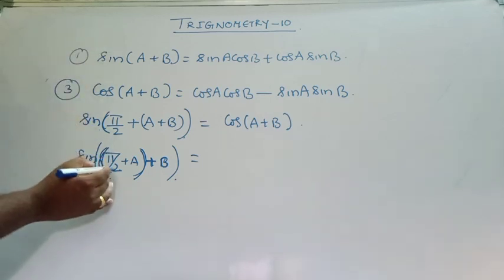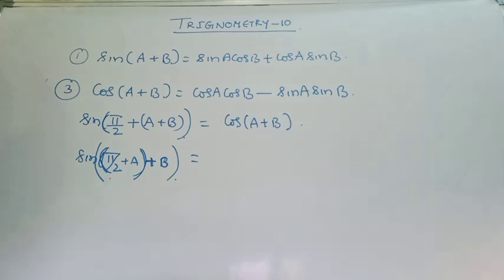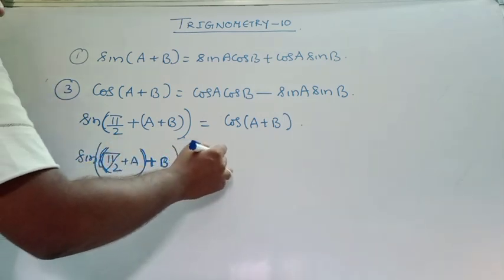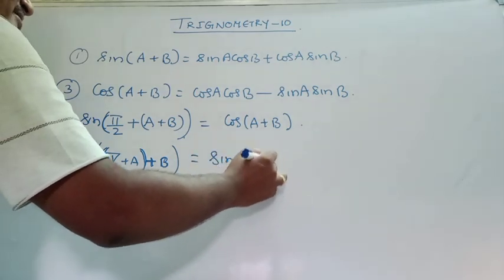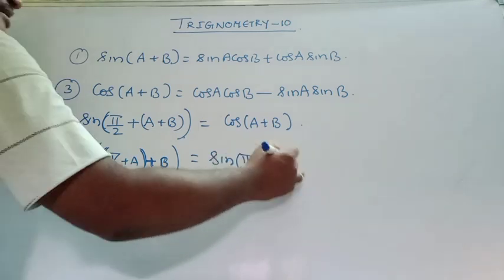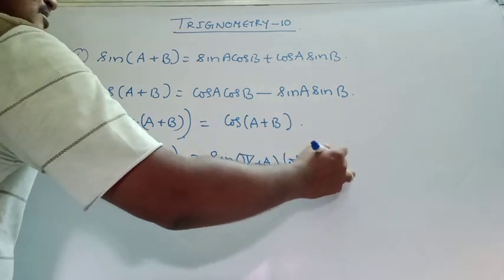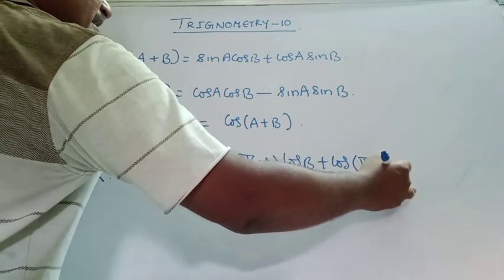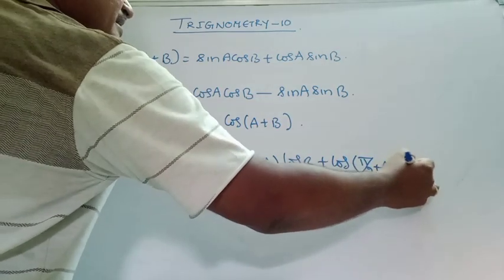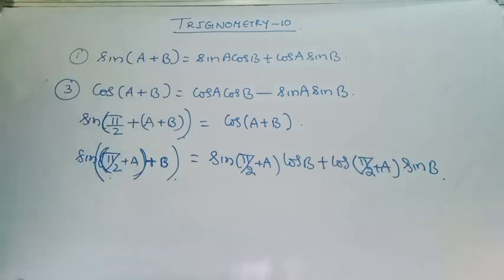In the place of A you are having pi by 2 plus A, and in the place of B you are having B. Therefore sin A means sin of pi by 2 plus A, cos B plus cos of pi by 2 plus A, sin B, right? We have just replaced A by pi by 2 plus A. That is what we did here.